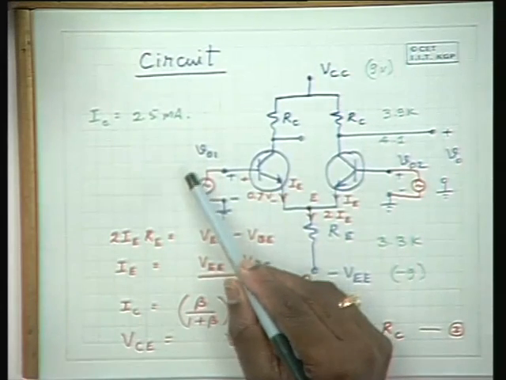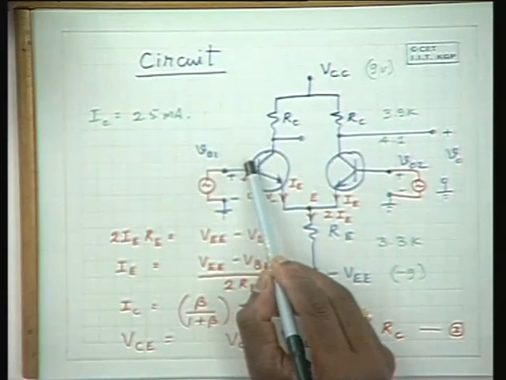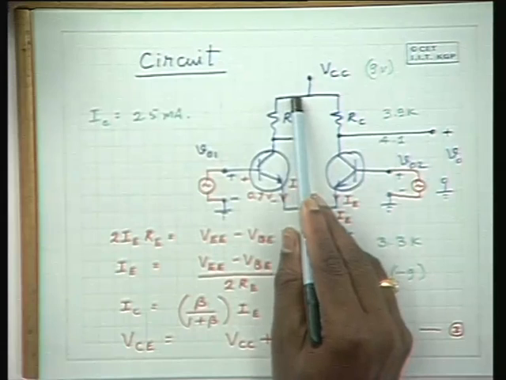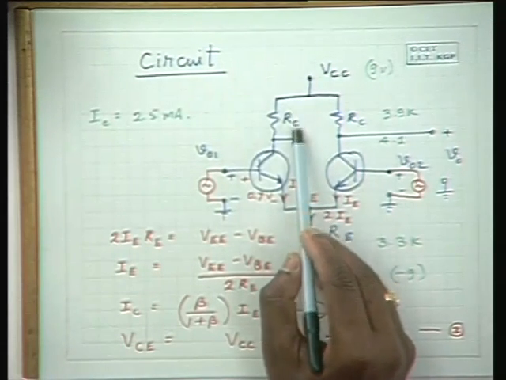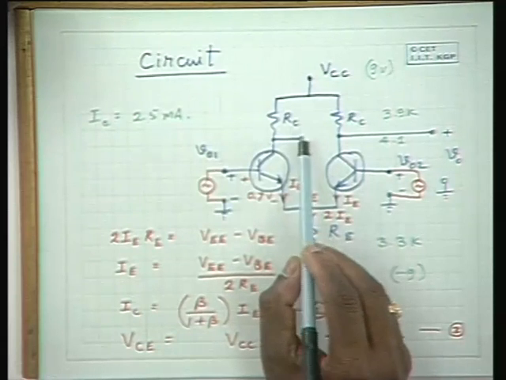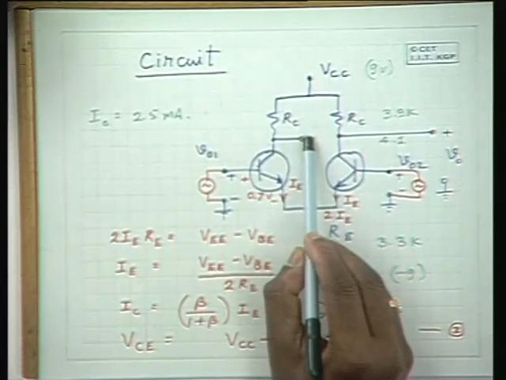Then because of a small positive voltage here, there is an increment in the base current and there is an increased collector current, and as a result of which this potential drops.